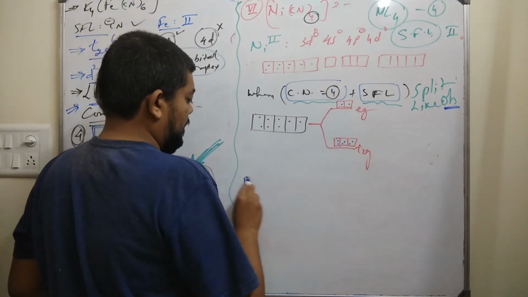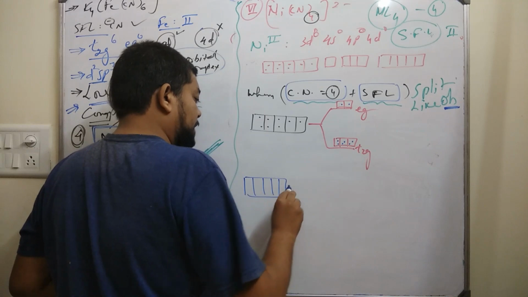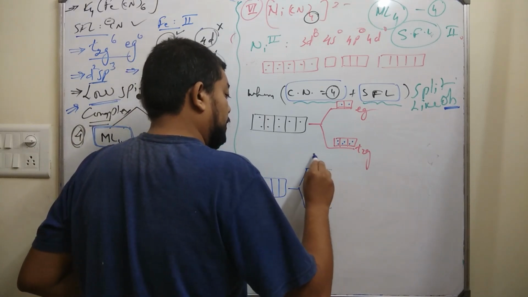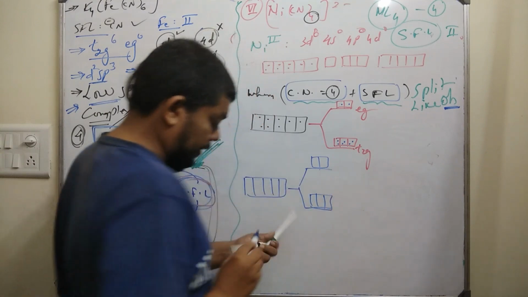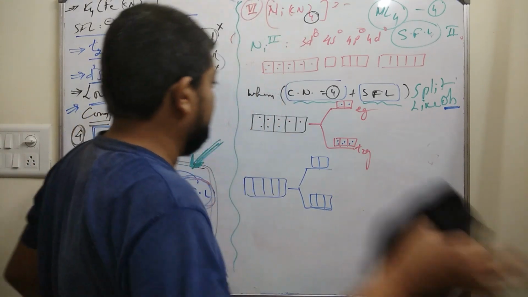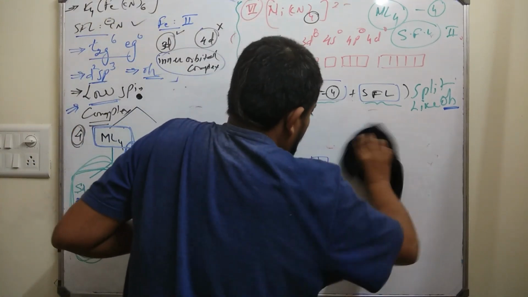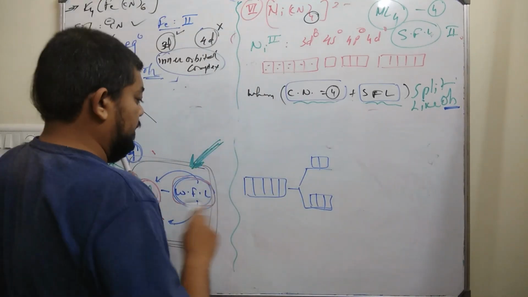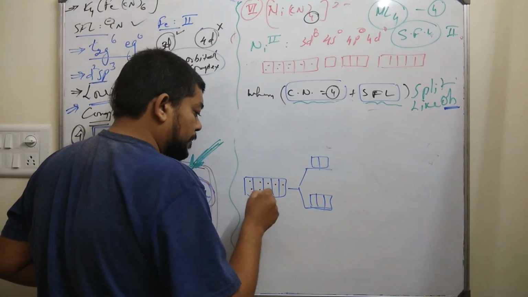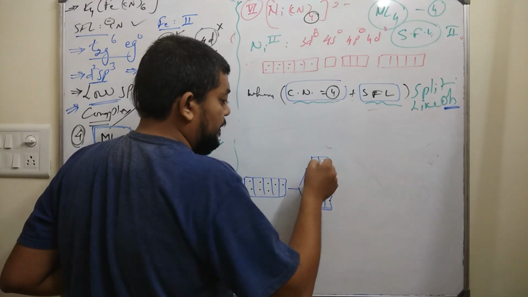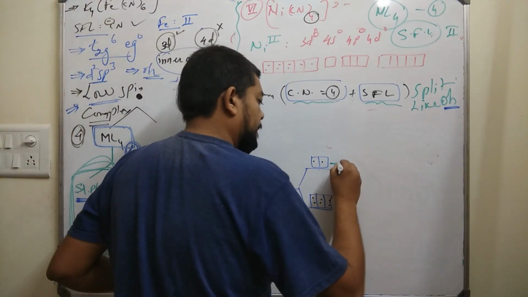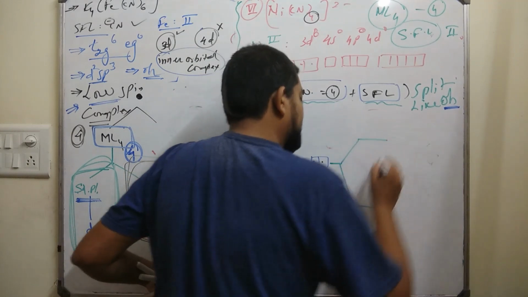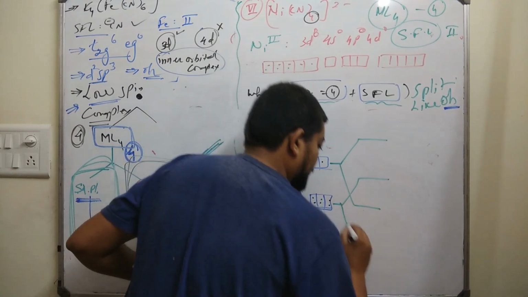See what happens. I am going to deliberately draw it again to make the concept much clearer. It is an 8 electron system which got split like this. I will not stop here. Again splitting, again splitting.